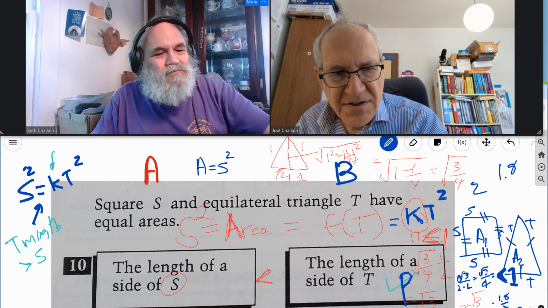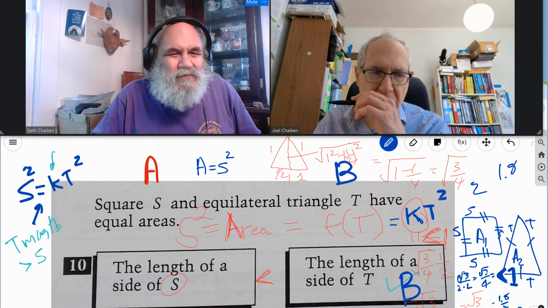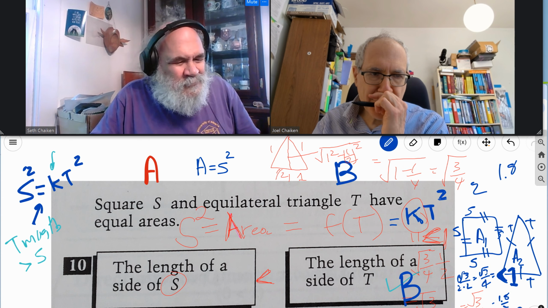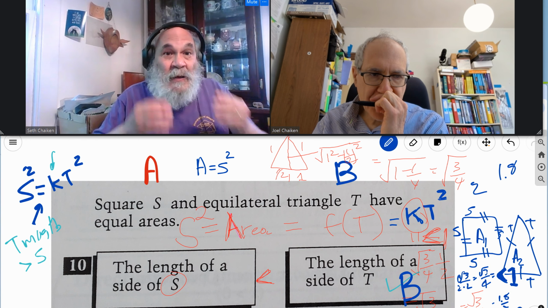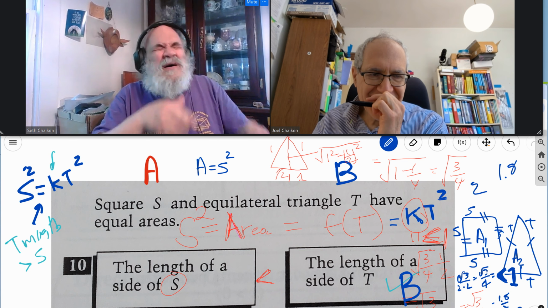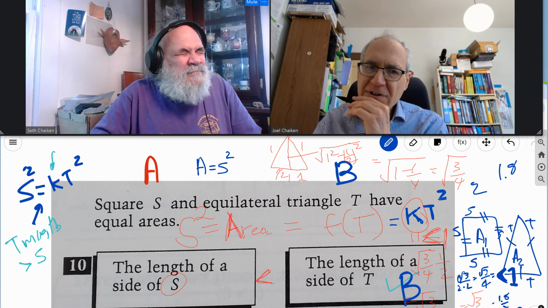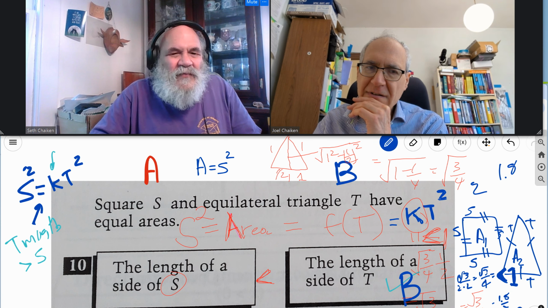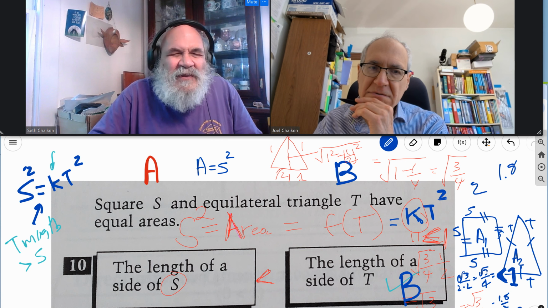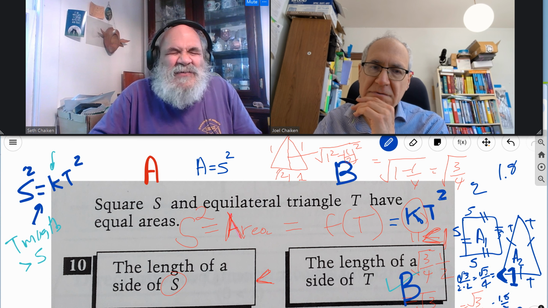It's dangerous to use intuition, but if you're good with geometry, you can argue that. The equilateral triangle properly fits inside of the square.